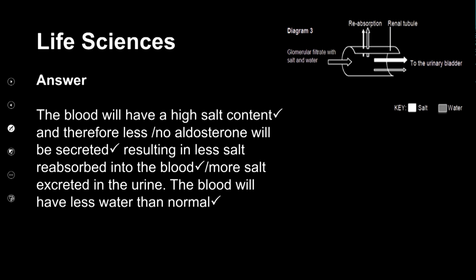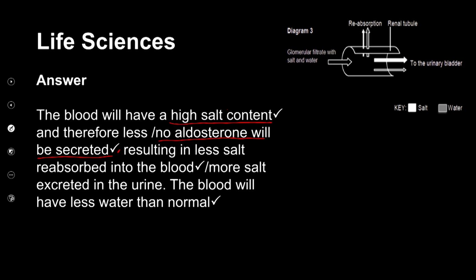The answer says the blood will have high salt content because the person ate salty chips, and therefore no aldosterone will be secreted. A tick for that because we have cause and effect.